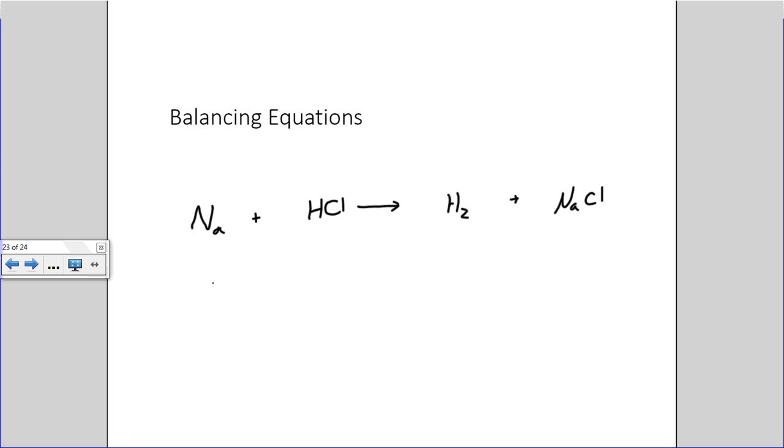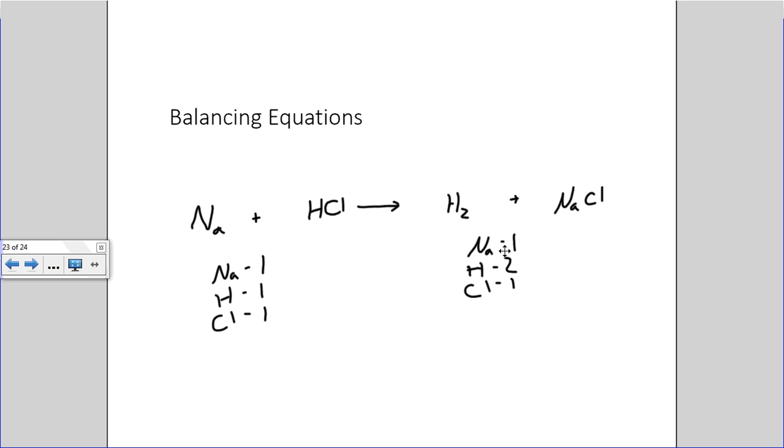On this side, we have Na, H, and Cl. On this side, we still have Na, H, and Cl. On the left, we have 1 Na, 1 H, 1 Cl. On the right, we have 1 Na, 2 H's, and 1 Cl.